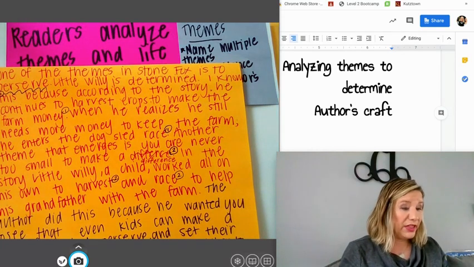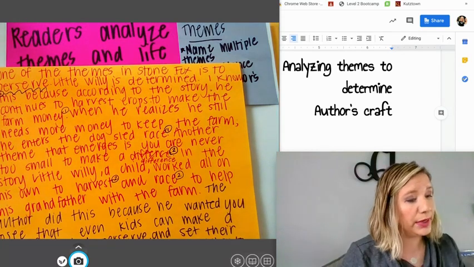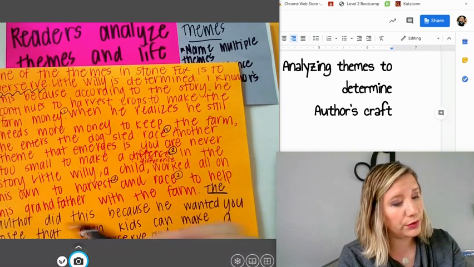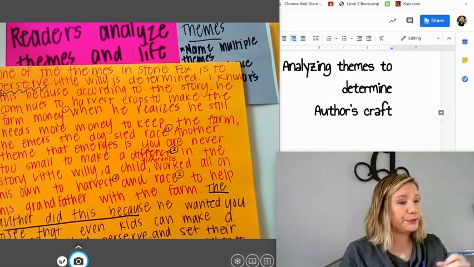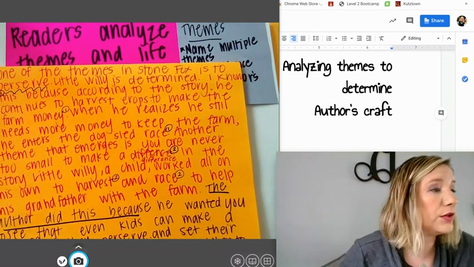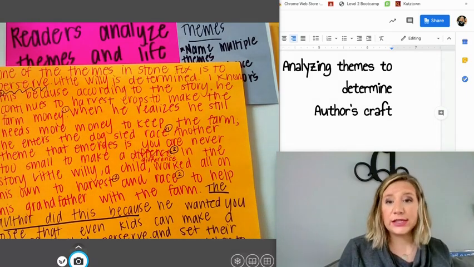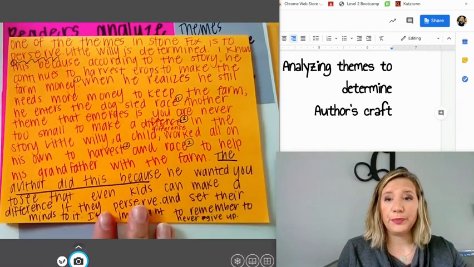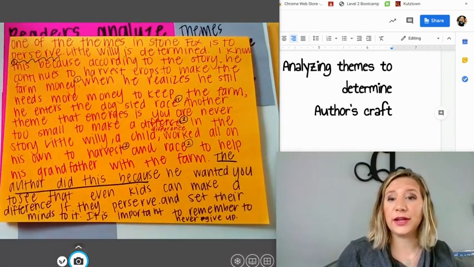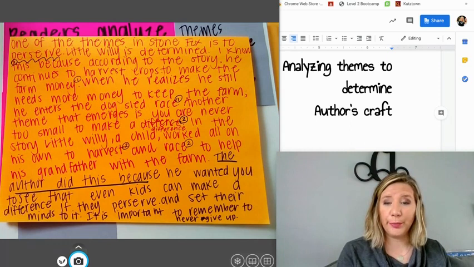So what I have in purple there, and I'm going to take my black Sharpie and just underline for you my sentence starter. So I have my sentence starter. The author did this because he wanted you to see that even kids can make a difference if they persevere and set their minds to it. It's important to remember to never give up.